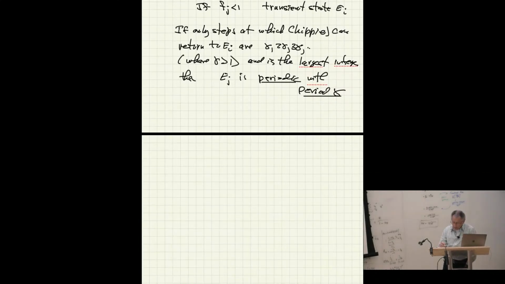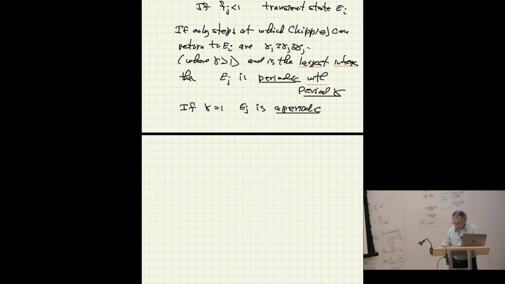Now it's pretty clear. If gamma equals 1, then in fact E_j is aperiodic.